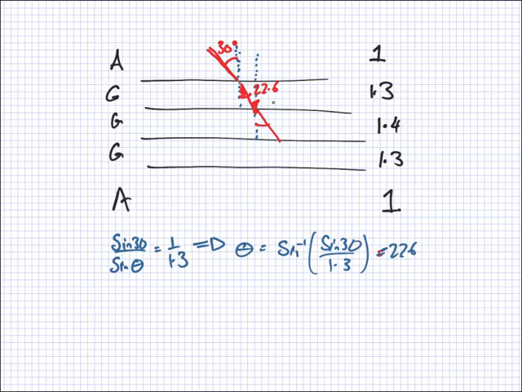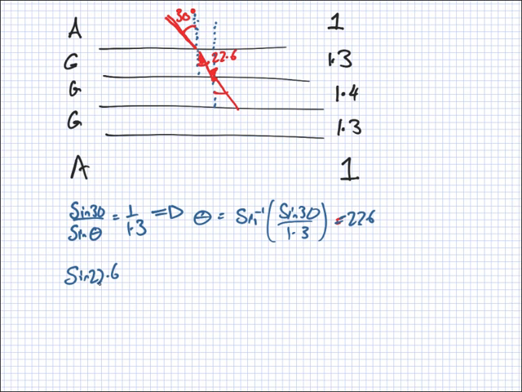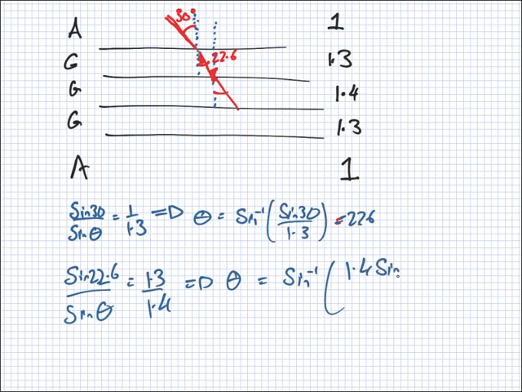So we have to repeat the process again. This time it's sine 22.6 over sine theta equals 1.3 over 1.4. So that means this time theta is sine inverse of 1.4 sine 22.6 over 1.3.